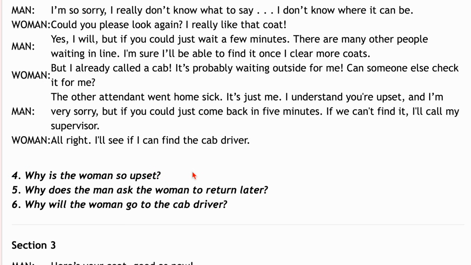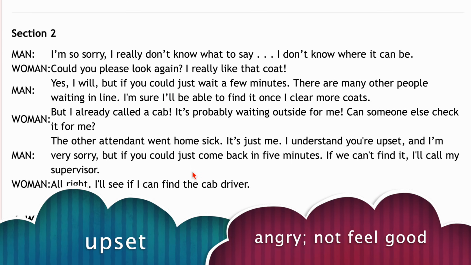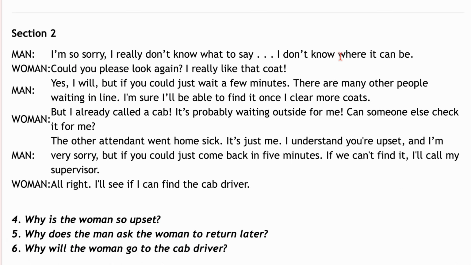Upset. Maybe a little bit angry. Okay? I'm so sorry. I really don't know what to say. I don't know where it can be. Could you please look again? I really like that coat. Yes, I will, but if you could just wait a few minutes, there are many other people waiting in line. I'm sure I'll be able to find it once I clear more coats.